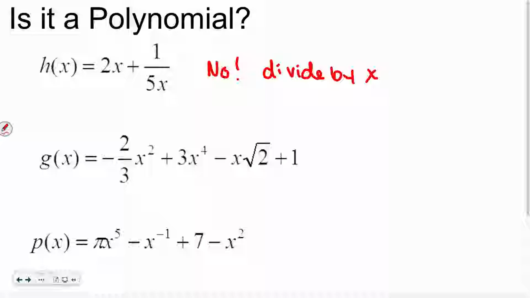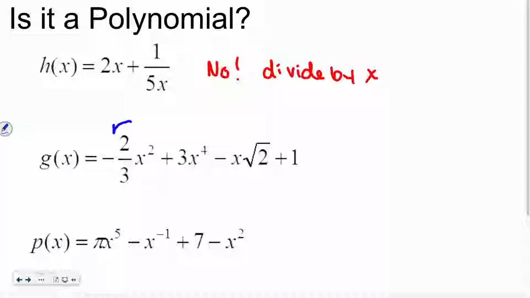No. Why do you say no, Mason? It has a fraction exponent. Where? Oh wait, no. It's not a whole number. What's not? The first term. The first term has a fraction as its what? Coefficient. Would you agree with that?